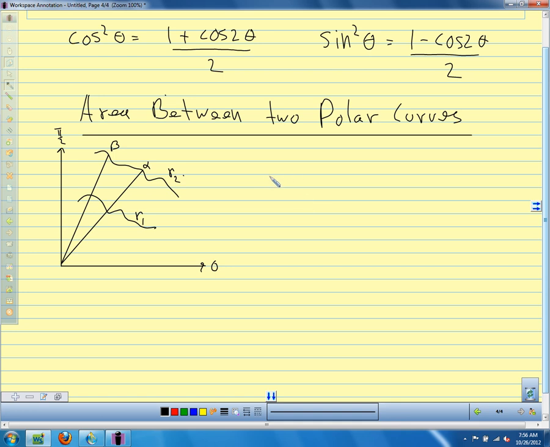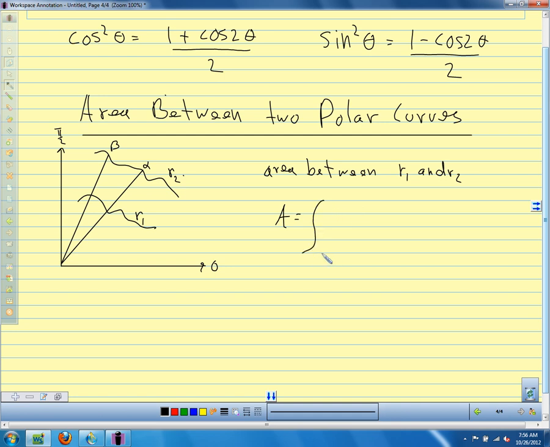So our area is the difference of the two integrals, like people were saying, the big circle minus the little circle.